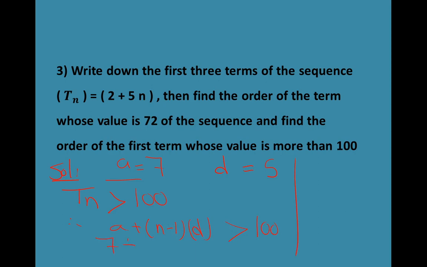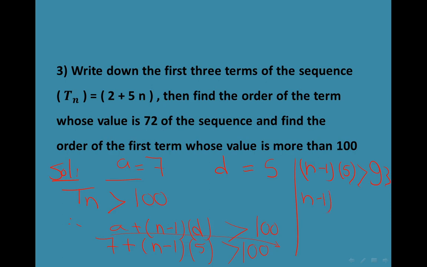Therefore 7 plus n minus 1 multiplied by d, which equals 5, is more than 100. Then n minus 1 times 5 is more than 100 minus 7 equals 93.